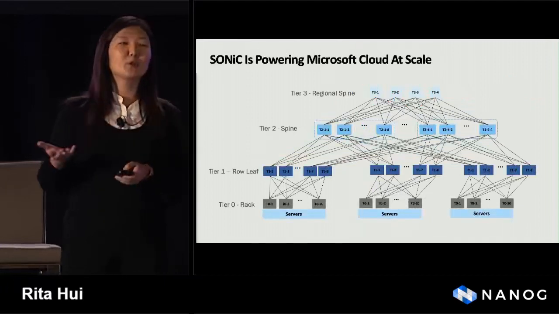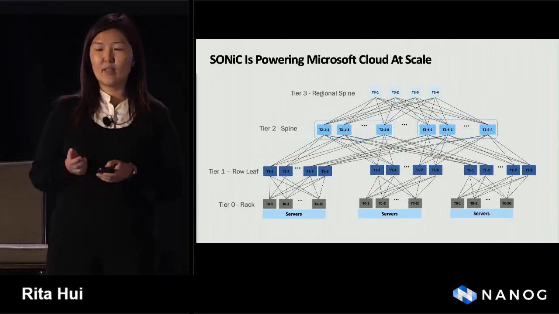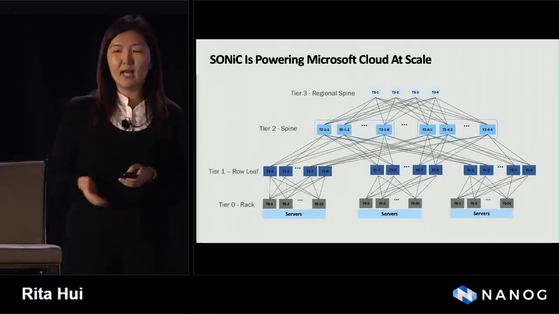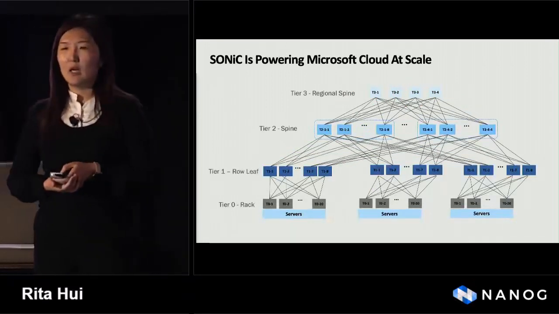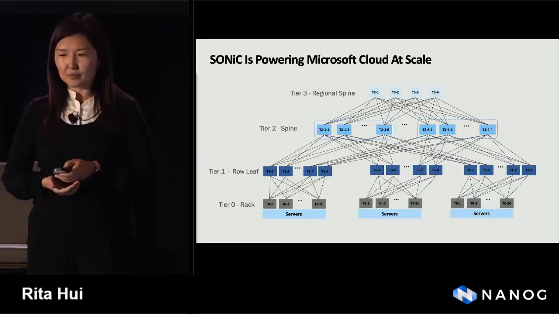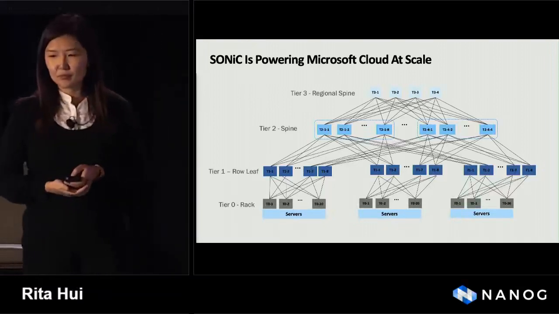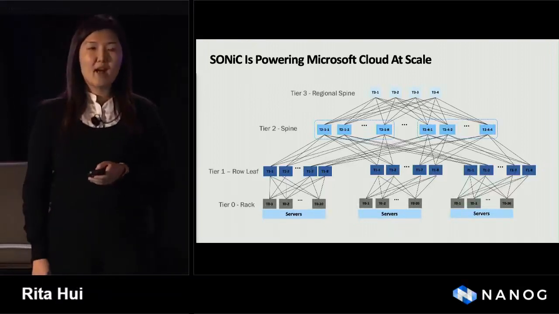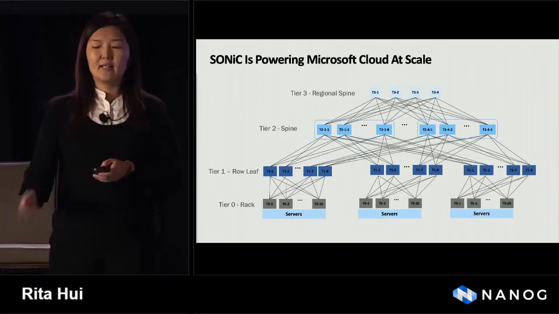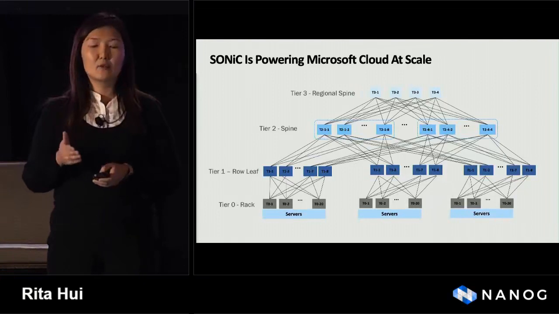So being able to image and upgrade an image is just one of the challenges, right? And I want to walk through a typical data center network topology. Microsoft has been doing this for many, many years. Down at the bottom, we have a lot of servers, and the servers are connected to what we call T0 or rack level switches.